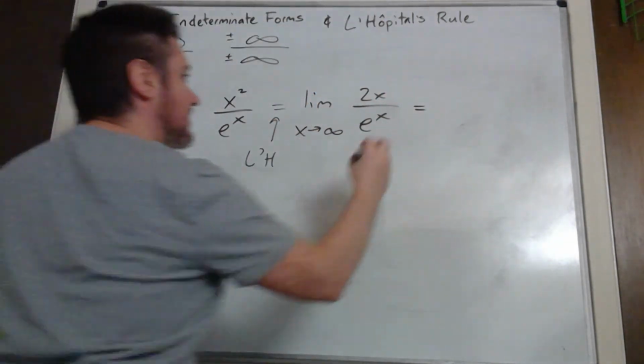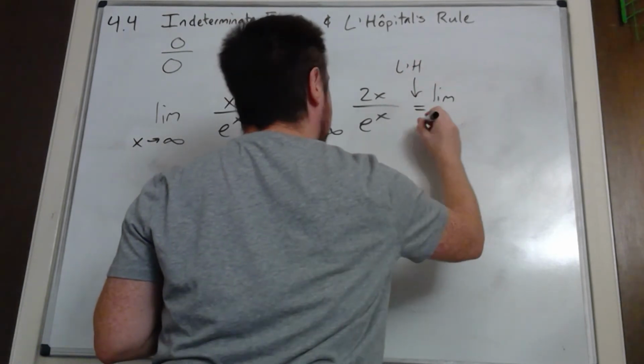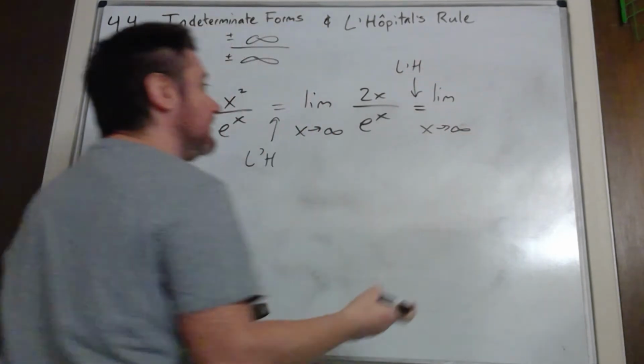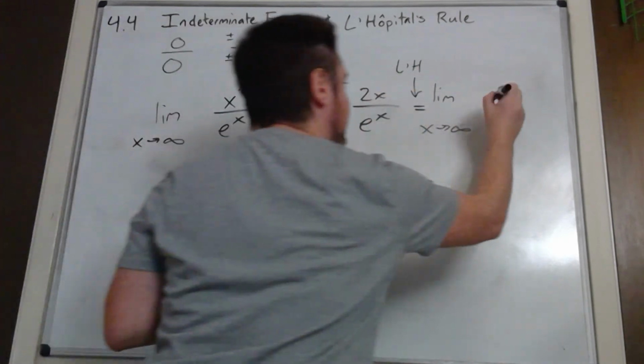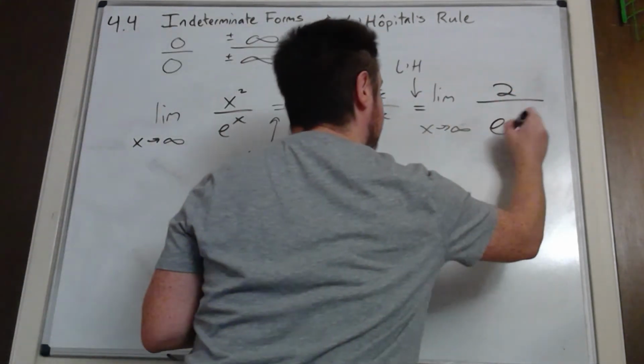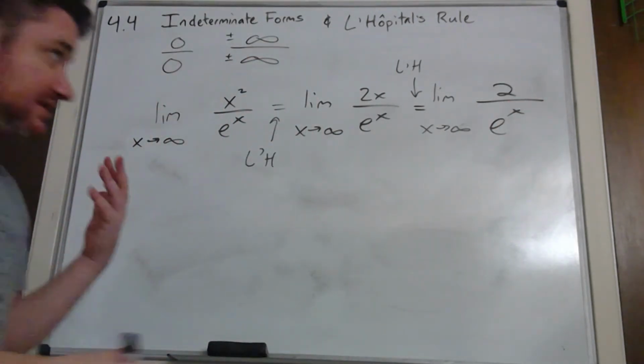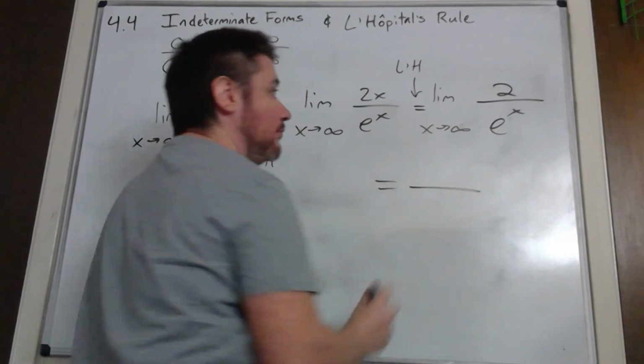All right, so this is equal to, by L'Hopital's again, the limit as x approaches infinity of, now the derivative of 2 times x is just a constant 2. And e to the x lives on the bottom because it's its own derivative. And now we can let the x go off to infinity again. What's going to happen?